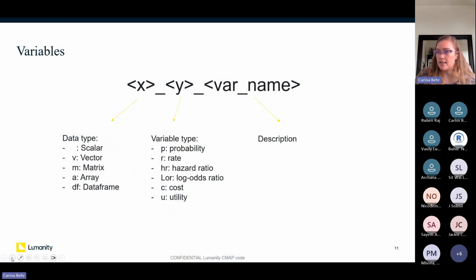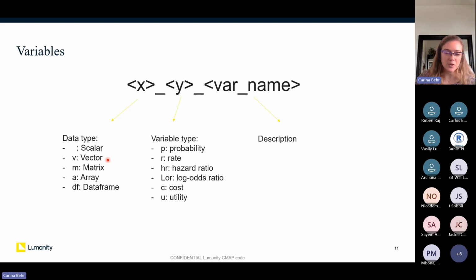If we look at some basics in terms of the coding that's being used by DARTH, it's important to know this to be able to read the code. Basically all variables are divided into 3 parts. The first part explains the data type we're working with. Sometimes there is no first part, which means it's a scalar.